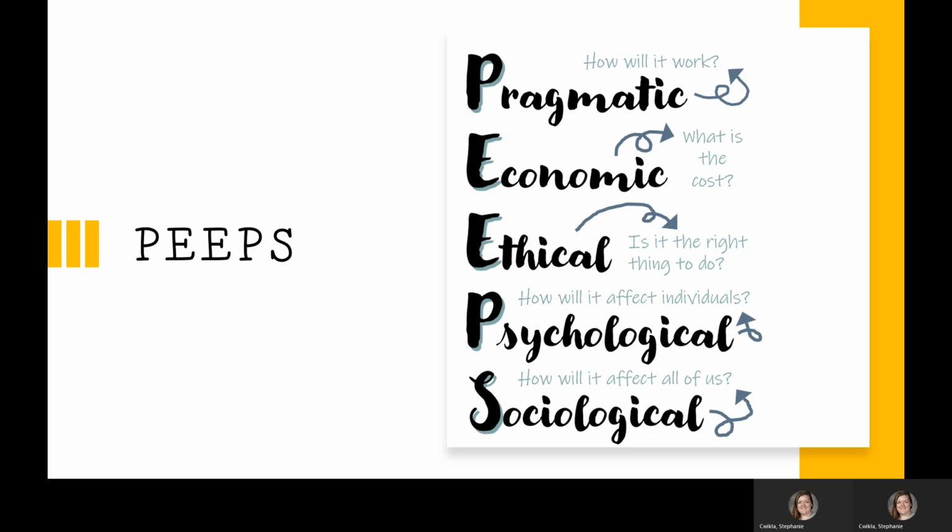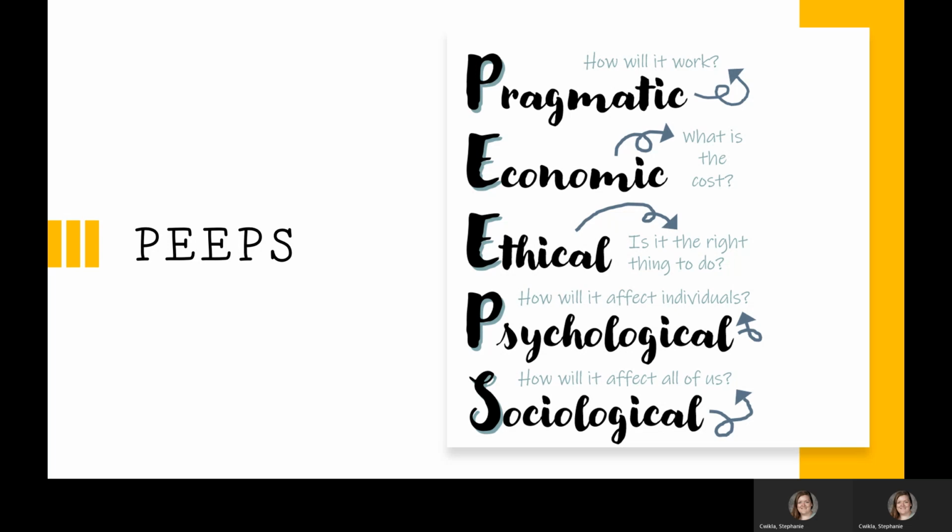But if we can think through different perspectives, we can get a broader understanding of the argument. And then, even if we get a question that's really tough and narrow, we can look at it from a lot of different ways. So, PEEPS is the acronym for these different perspectives.